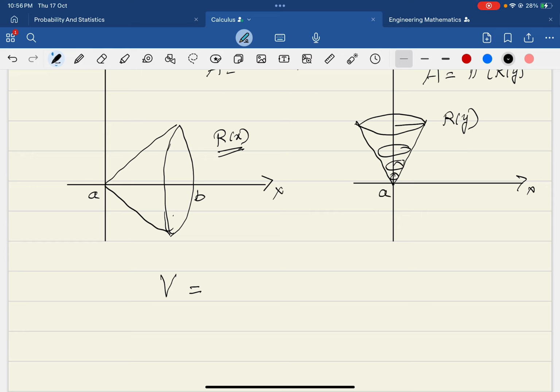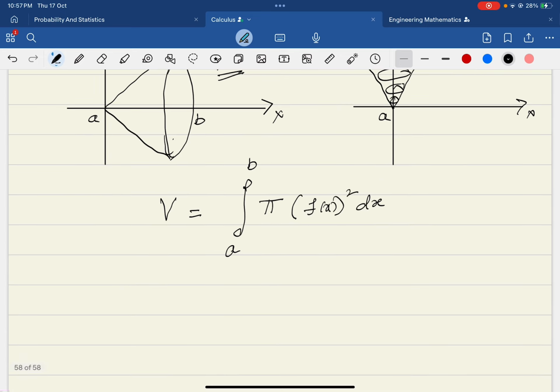Let us say the volume is generated from the point a to b, and these pi r squares are being formed. If it is revolved about the x-axis, then it is pi times f of x the whole square dx.